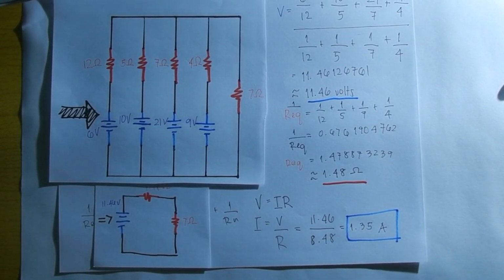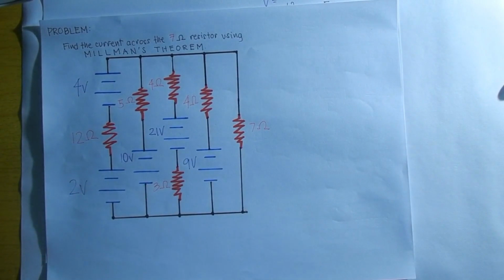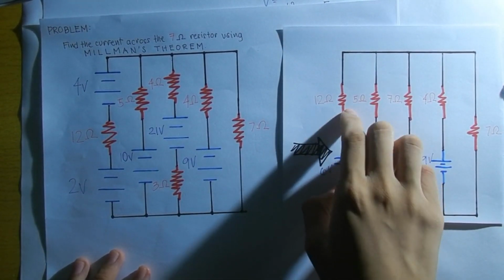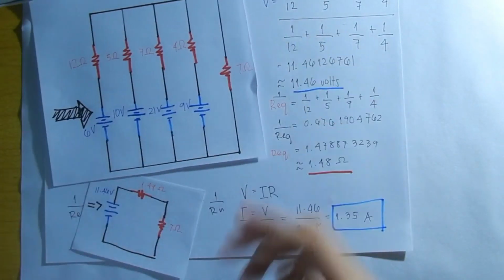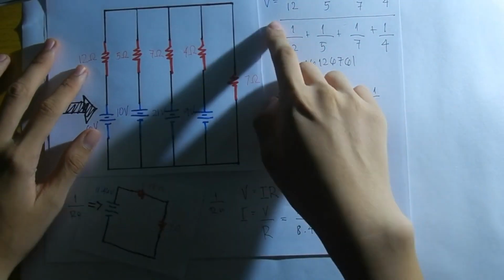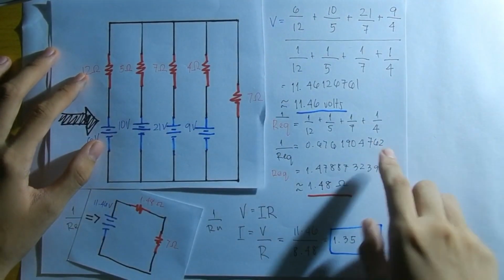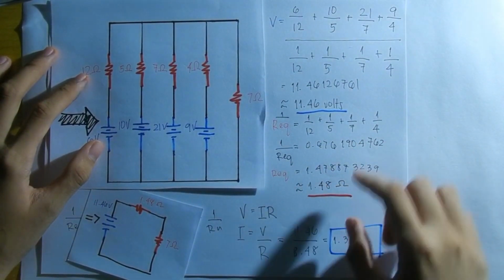1.35 amperes. The summary of steps. First, we will simplify the circuit. Second, solve for the equivalent voltage using Millman's theorem. Then solve for the equivalent resistance, also using Millman's theorem.